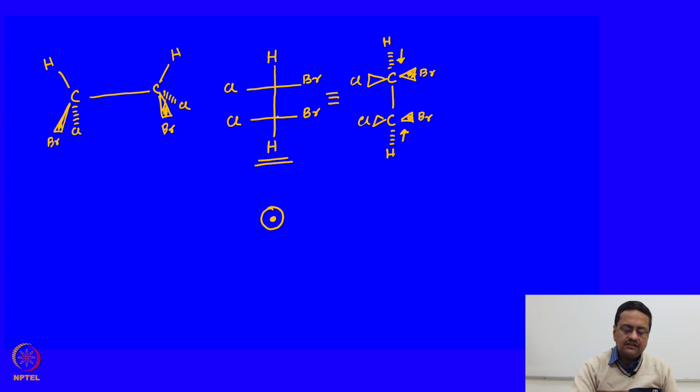Now, on the front carbon we have the hydrogen downwards, the bromine on the right hand side, chlorine on the left hand side. Similarly, on the back carbon we have hydrogen downwards, chlorine on the left hand side and bromine on the right hand side.